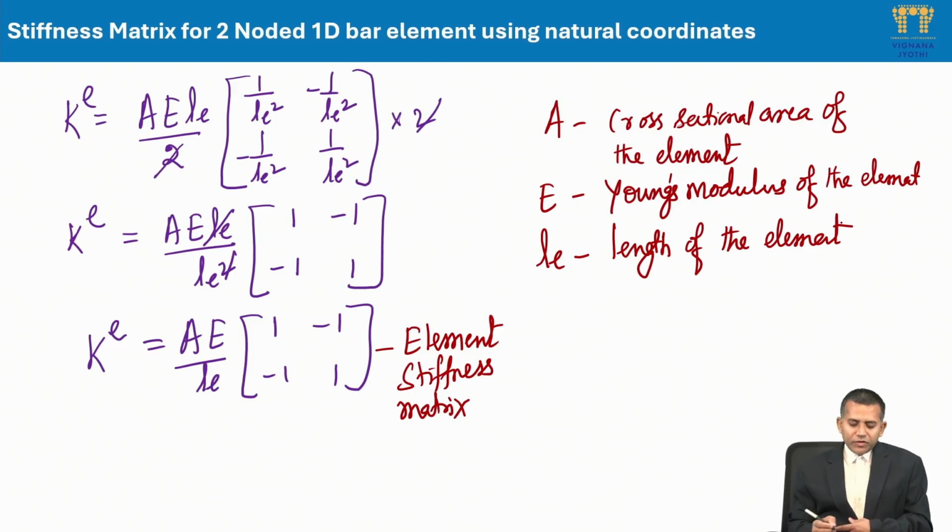So this way you can write the expression for the element stiffness matrix for a two noded one dimensional bar element.